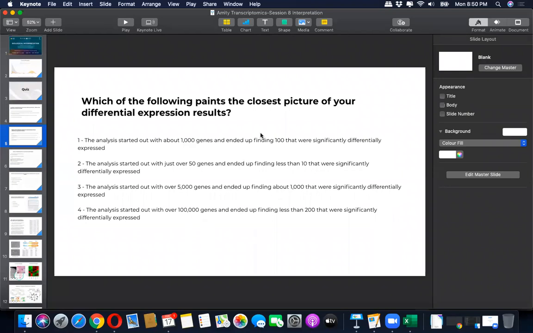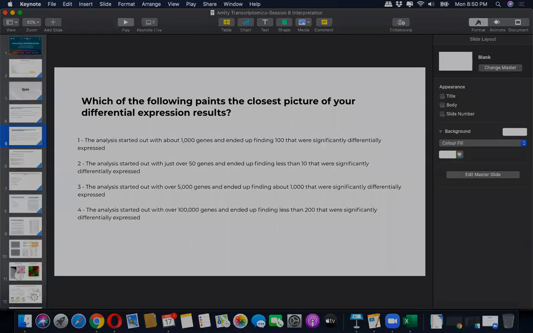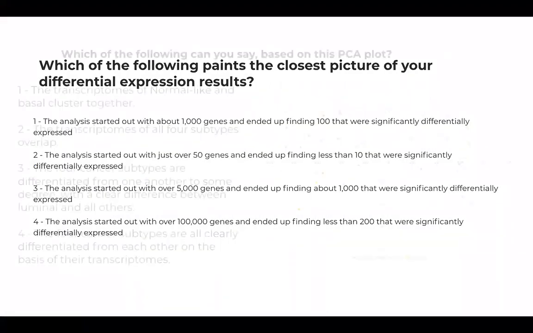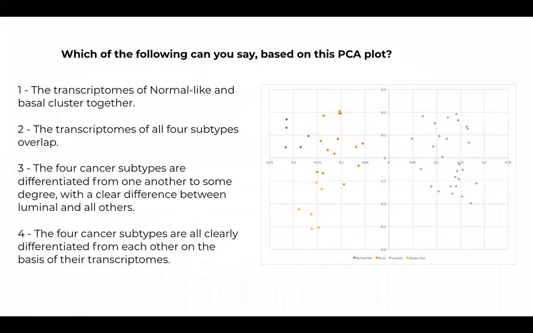So yeah, the next question: which of the following can you say based on this PCA plot? If you can see the plot, look closely, and look at the options also.